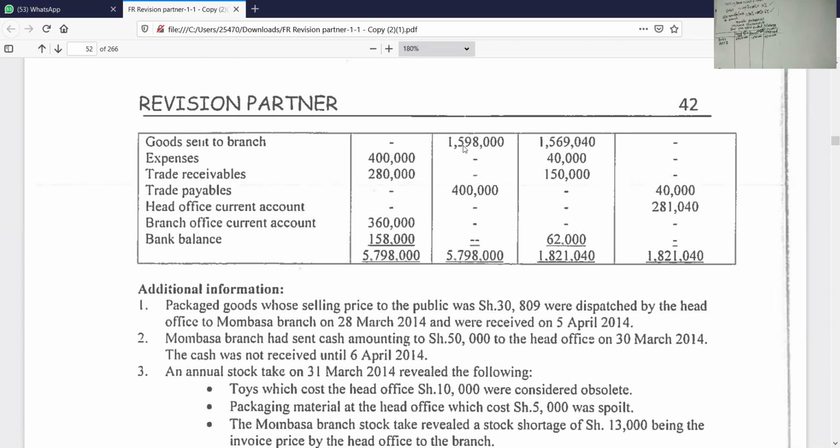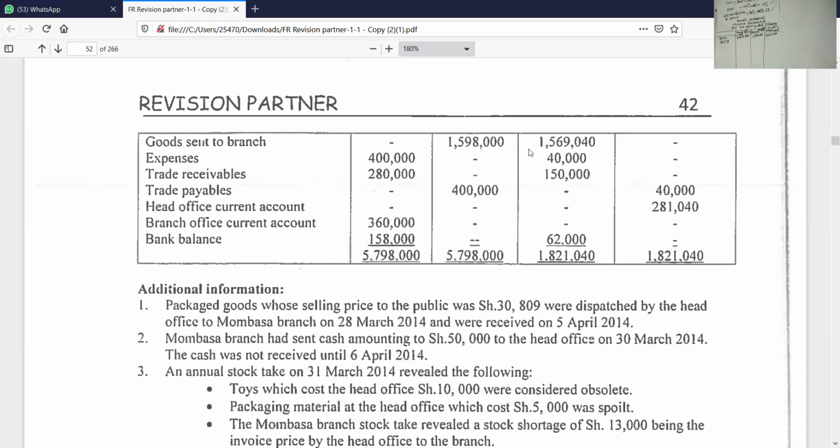So the head office sent more goods of 1.598 million, but the branch received less. So where is the difference? Because the goods the head office sent are the ones the branch is supposed to receive. So where is this difference coming from?